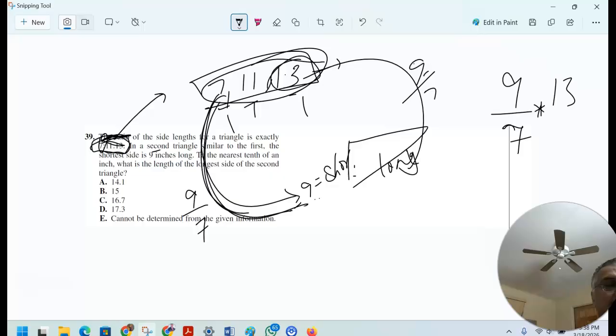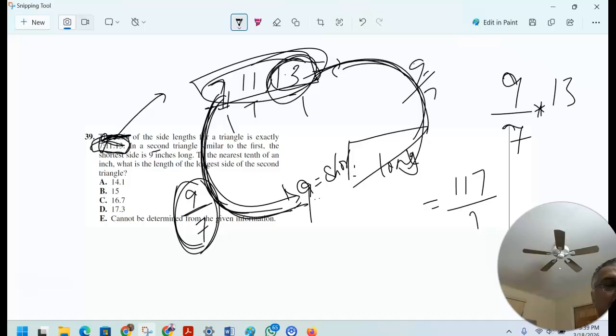So without the actual figure also you can do it, because it grows. This is becoming bigger. From 7 it goes to 9. That means this also has to go that much ratio. This is 9 sevenths of the 13. So you could do it this way also, which is of course 117 divided by 7. This you have to do. And you get the answer 16.7.